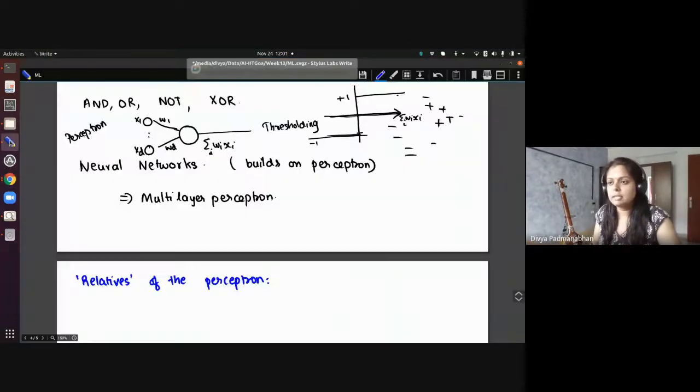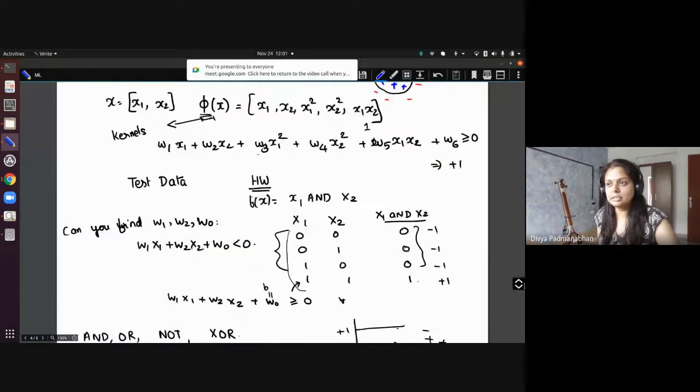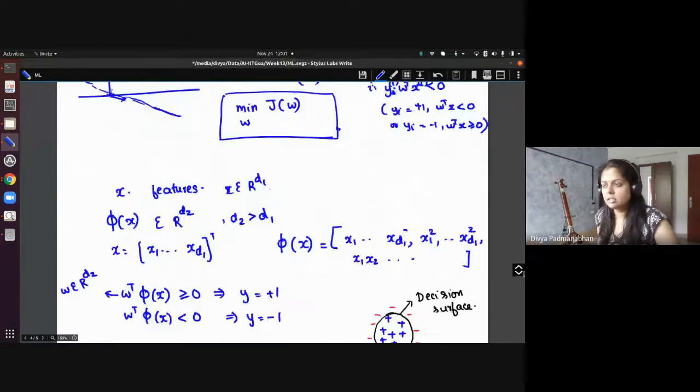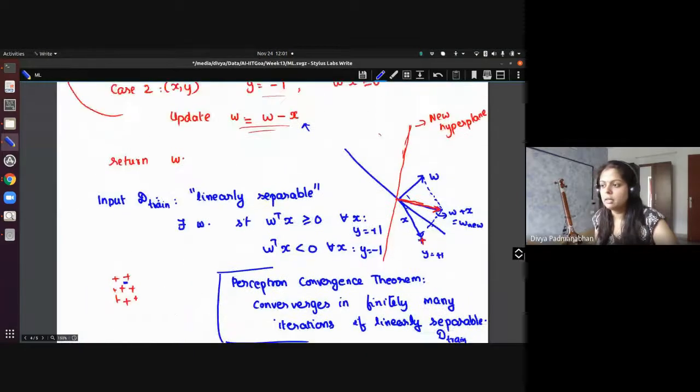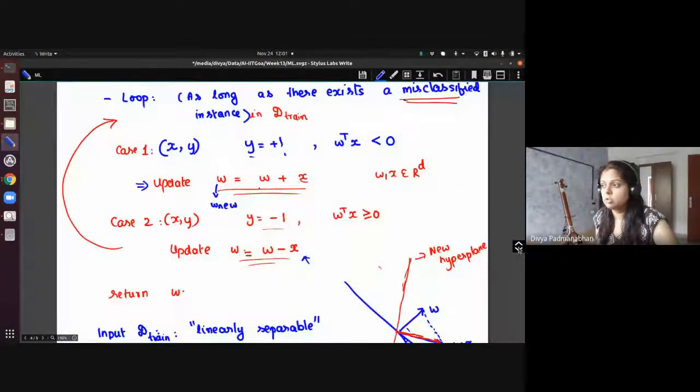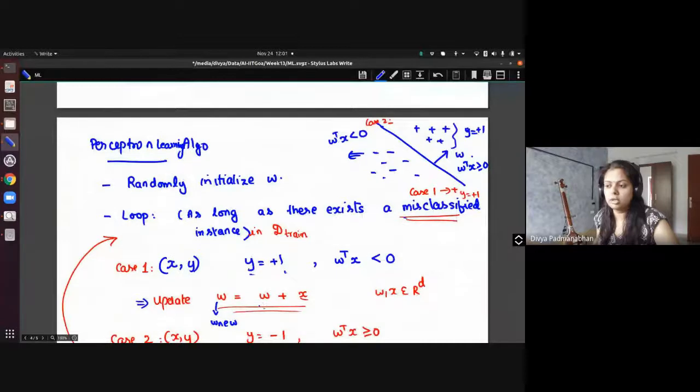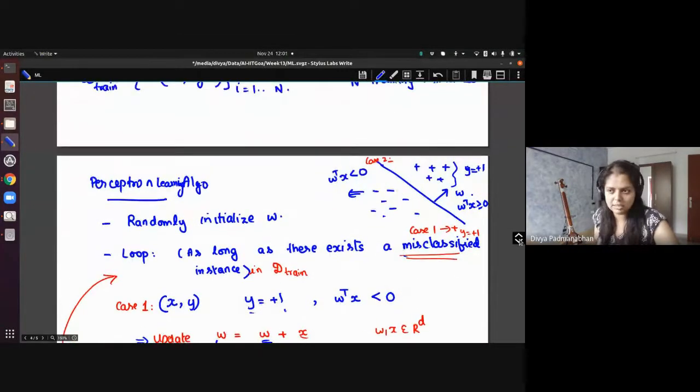So in the previous class, what we were looking at was the perceptron, and we saw a way in which you could learn the perceptron algorithm. It essentially boiled down to learning these weights, these W's, with some data.